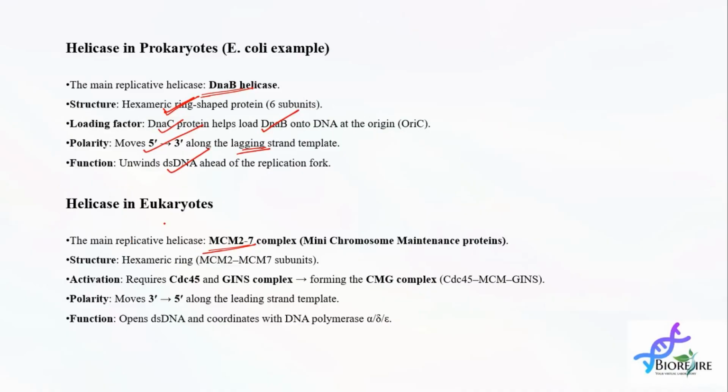In the eukaryotic case, the structure is also a hexameric protein. CDC45 and the GINS complex help to recruit the MCM proteins. Polarity is 3' to 5' on the leading strand. Its function is to convert the double stranded DNA into single stranded DNA, and it also coordinates the DNA polymerase enzyme.